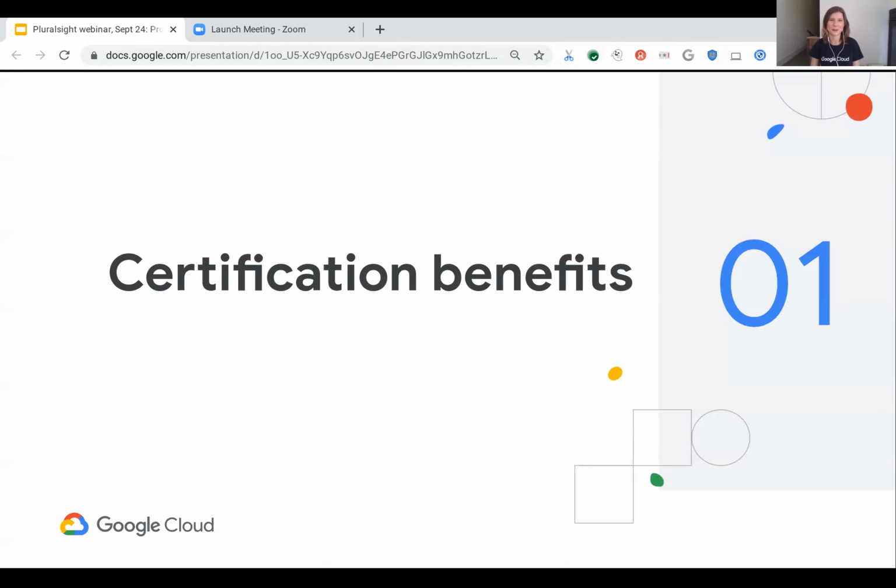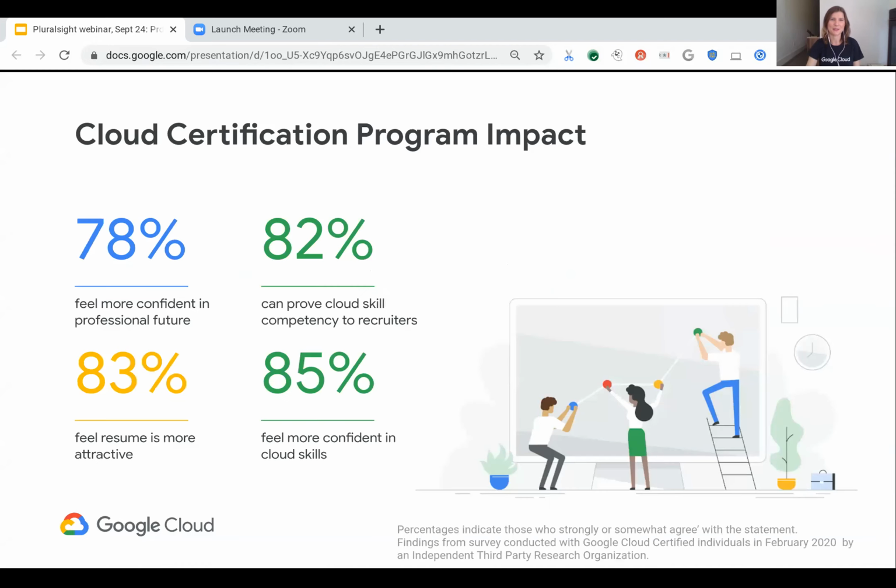So let's start with certification benefits. We are really curious to measure impact of the certification program within our community. So we are very happy to report some data from the survey that our certified community has participated in.